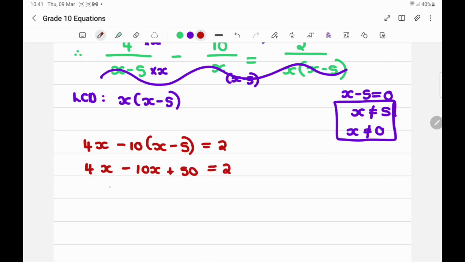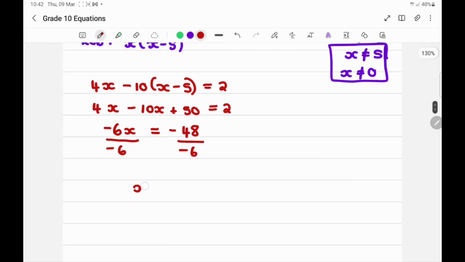So 4x minus 10x is negative 6x, equal to 2 minus 50, which gives you negative 48. If you take your calculator and say negative 48 divided by negative 6 on both sides, that gives you that x is 8.